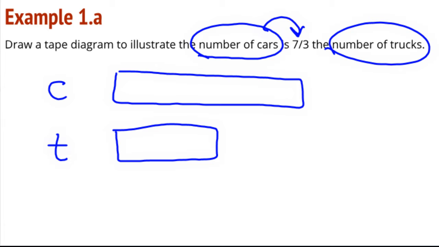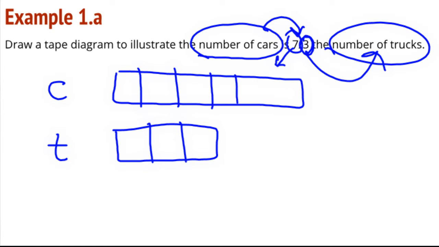And then I notice that the 3 here is telling me the parts for the truck. So there are 3 of them, which means that the 7 is telling me the parts for the cars. 1, 2, 3, 4, 5, 6, 7 thirds. Now this 7 thirds is our ratio of 7 to 3.